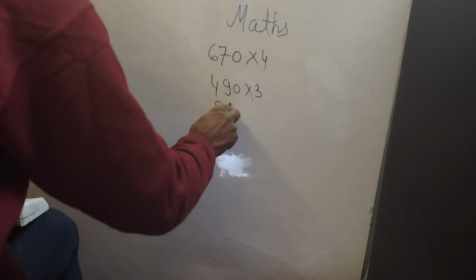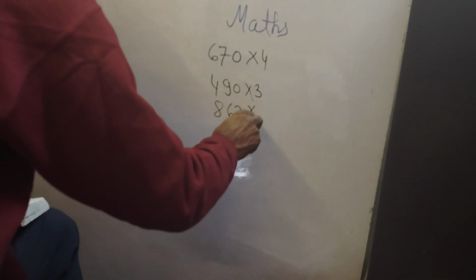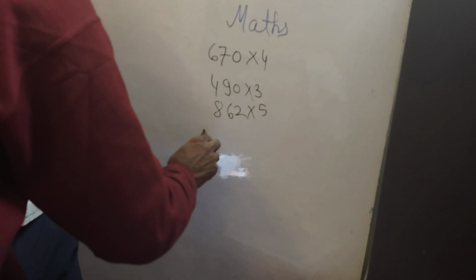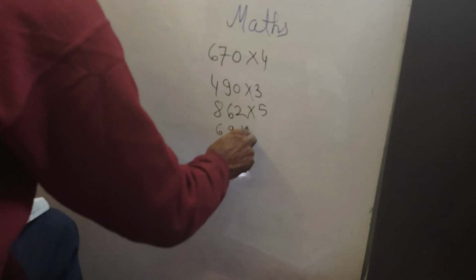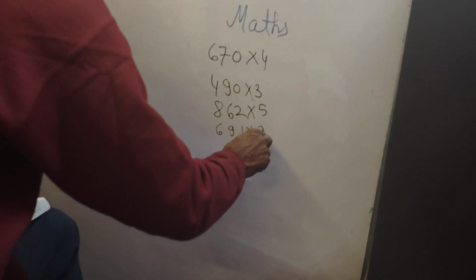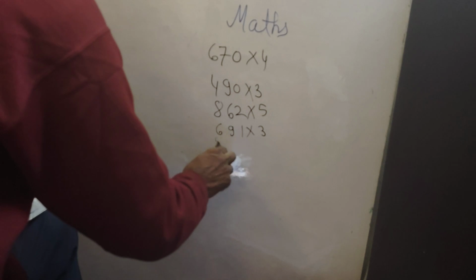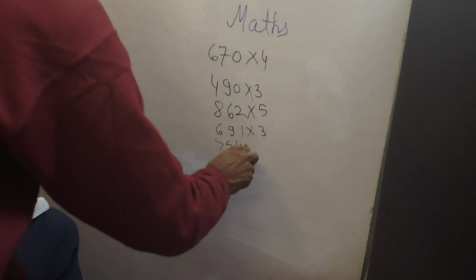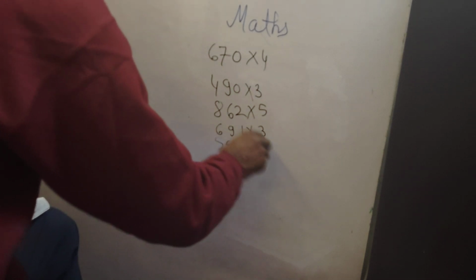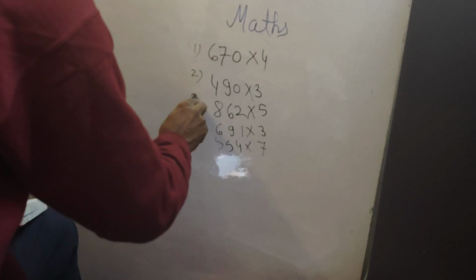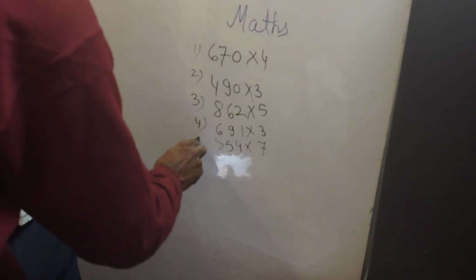Next is 862 multiply 5. Next is 691 multiply 3. Next is 554 multiply 7. These 5 problems you can do now.